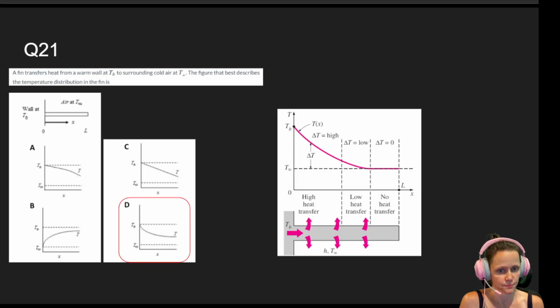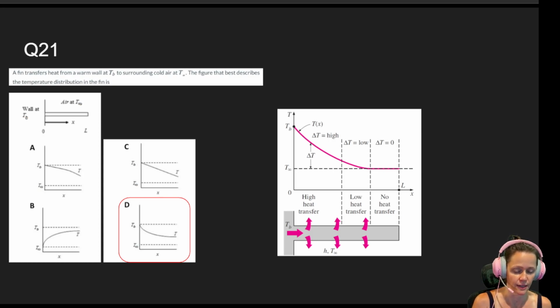And so the temperature, as you move away from that hot base, will come closer and closer into equilibrium with the convective environment, right? And as a side note, as you move away from the base, that delta T is going to go down, and so the heat transfer rate is going to go down as well.